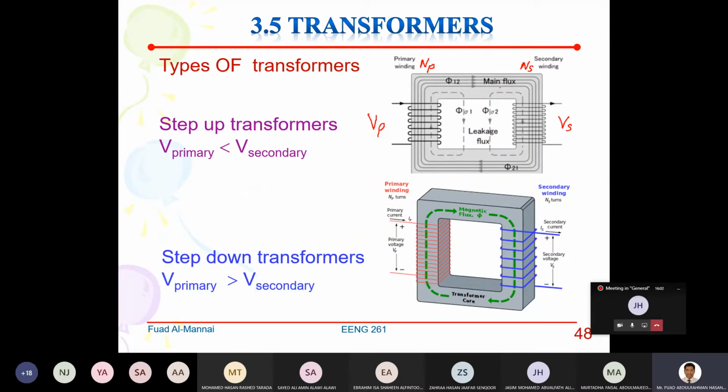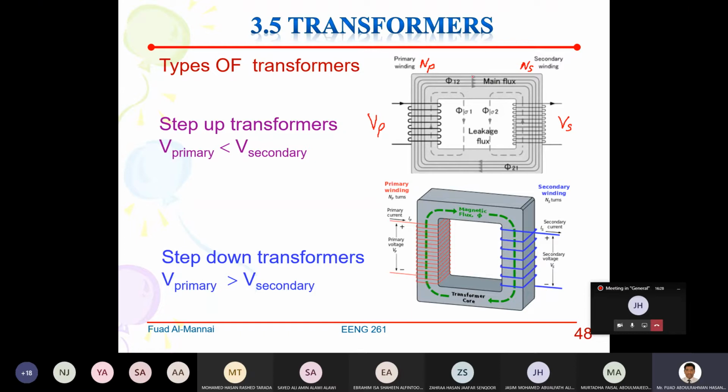This is the transformer on the top right-hand corner. You can see that the transformer is basically a device that has an iron core, made of iron, which provides a good path for the flux to travel.